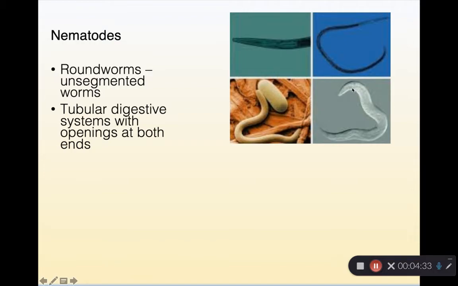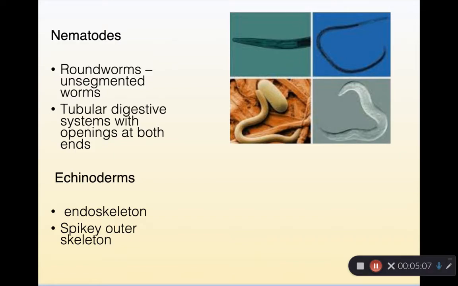So you can see that they have a smooth body compared to the worms that you saw previously, the annelids, and they have tubular digestive systems where they have an opening on both ends. So many of these, and probably some of the nematodes that you're most familiar with, are going to be things like whipworm and other pathogenic worms such as tapeworms.